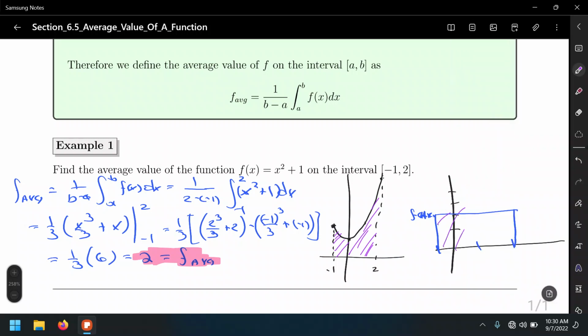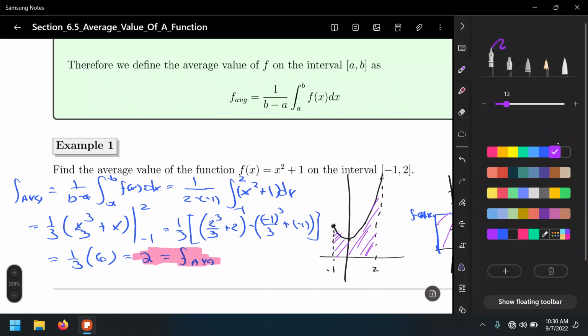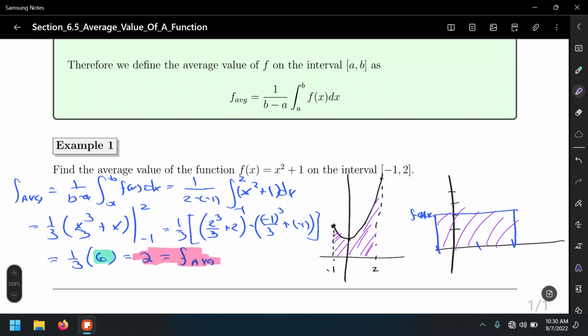If you compute the integral separately without the 1 over b minus a, that's this area right here, and let me label this area under the curve: area under f of x. And that times 1/3 is the average value. And that's the picture with one example.